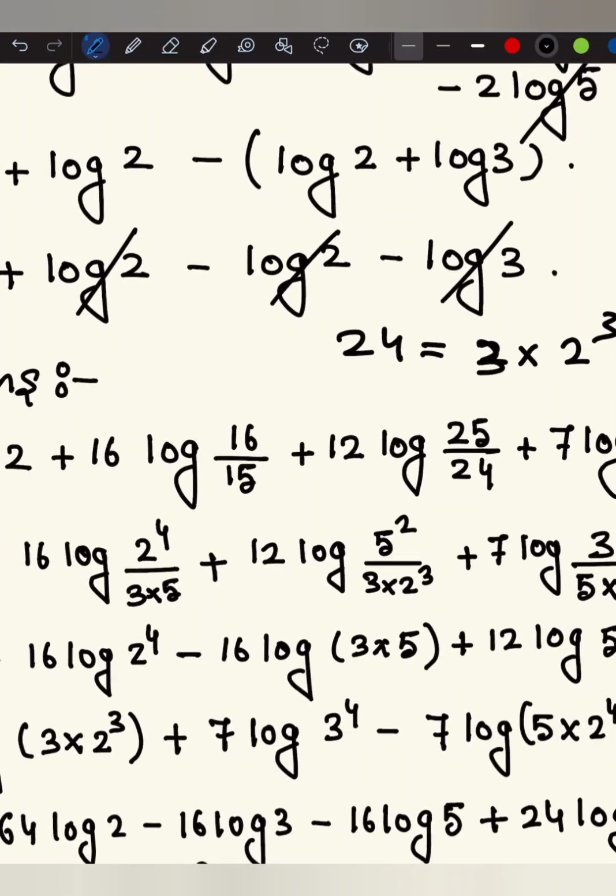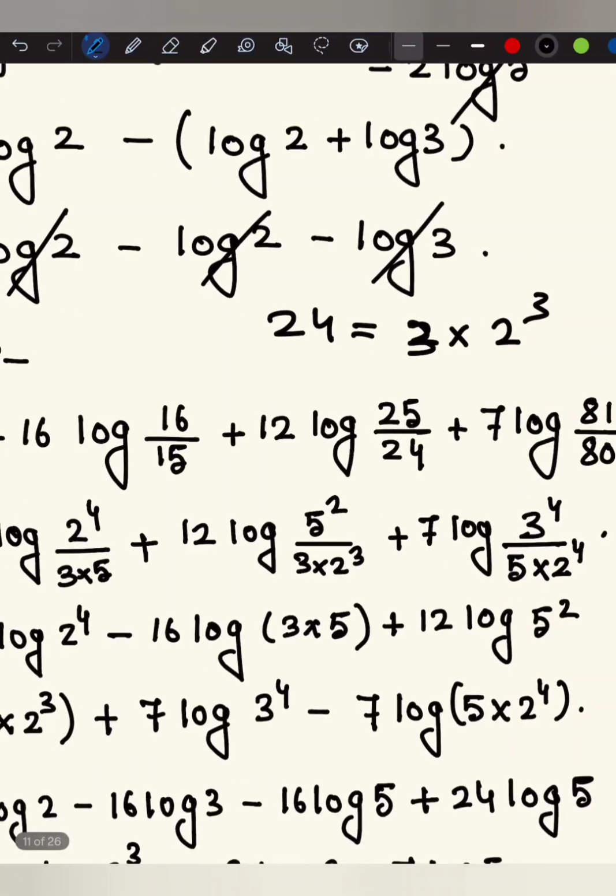Understood? And then plus 7 log 81 by 80, 81 means 3 to the power 4, and 80 means 5 into 16, and this 16 means 2 to the power 4, that is what I have written.